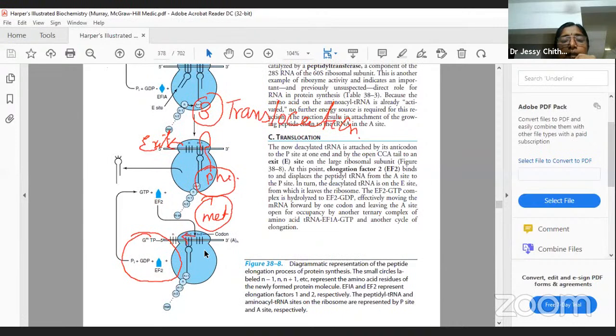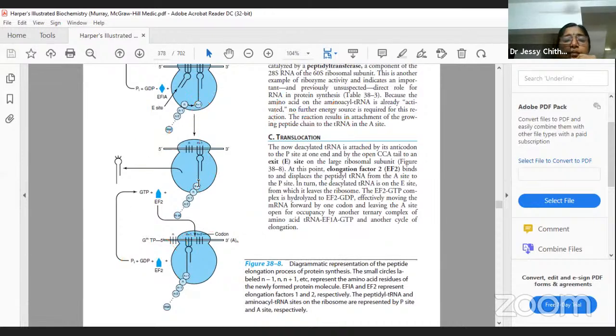Now the A site is free, and based on the codon at the A site, the specific tRNA will come and attach, and the process goes on. So that is the elongation phase.